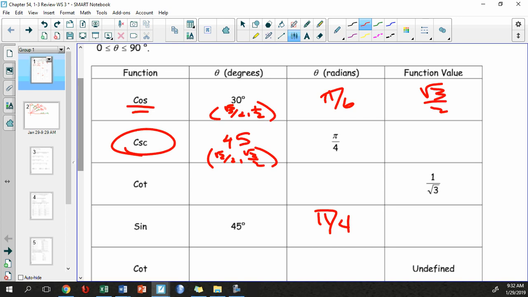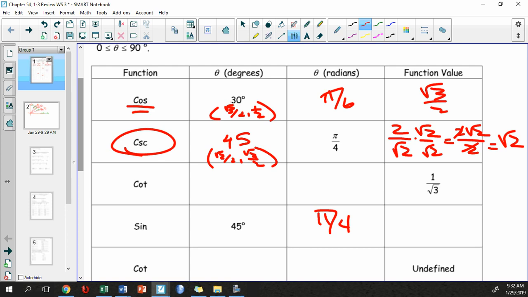The reciprocal of sine, so that's 2 over the square root of 2. I won't accept that. Rationalize that. So that's 2 square roots of 2 over 2, which is just the square root of 2. Super easy. Something you did not do.